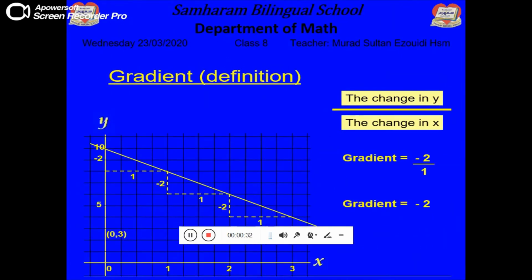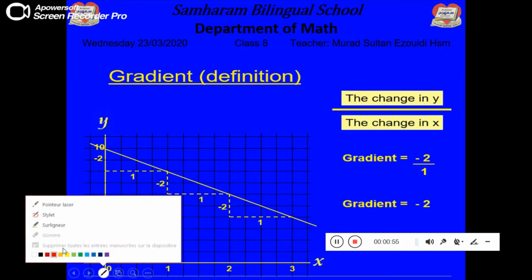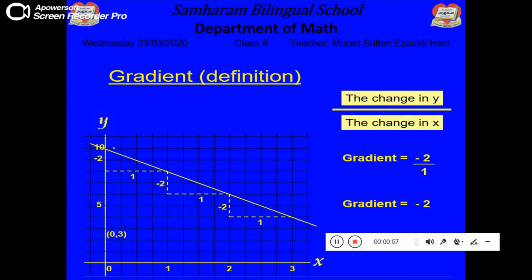Now let's see, my kids, this example. I will give you 1 second to think, and then we will try to solve it. Look here, this is a straight line that goes downwards, meaning that the slope, or the gradient, should be negative. Why? Because you can see the straight line is going downwards.